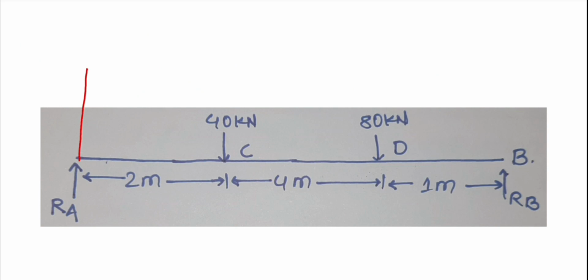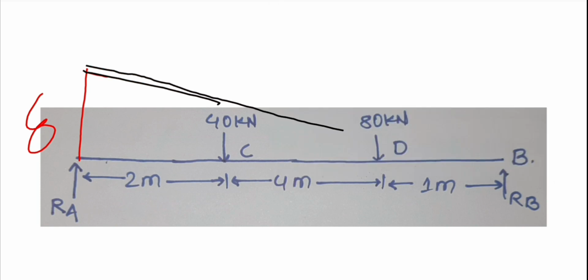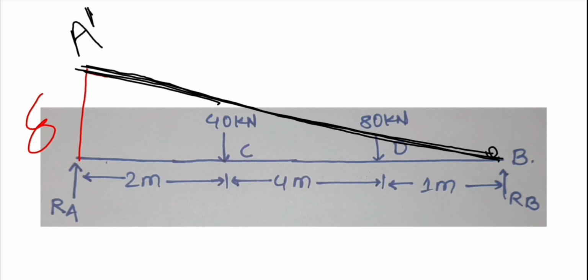So we assume that some delta displacement has taken place due to RA. Okay, and now the beam AB is displaced to this position. Now we will assume that this point is A dash and this point is B. We know that this point is B. We will assume that this point is C dash and this point is C.